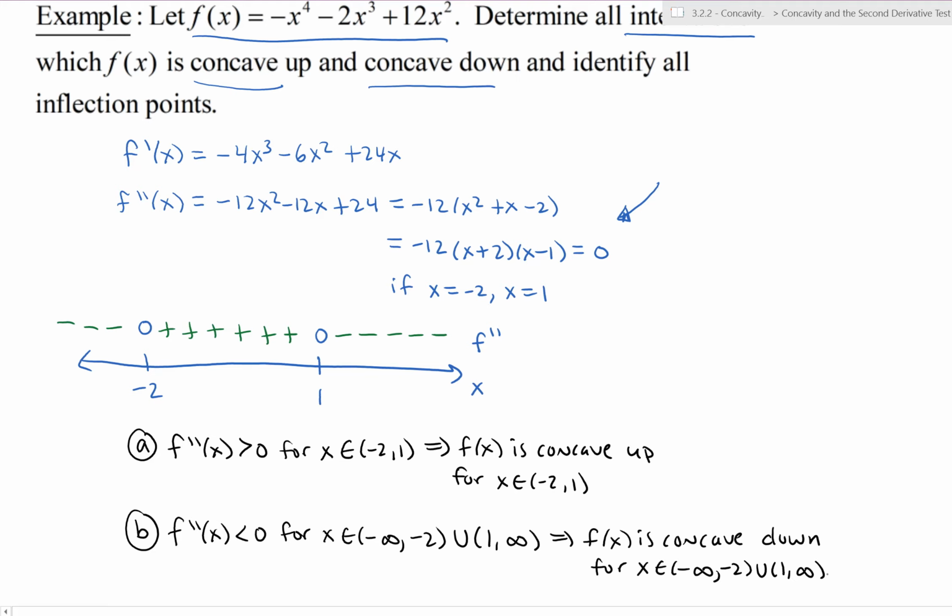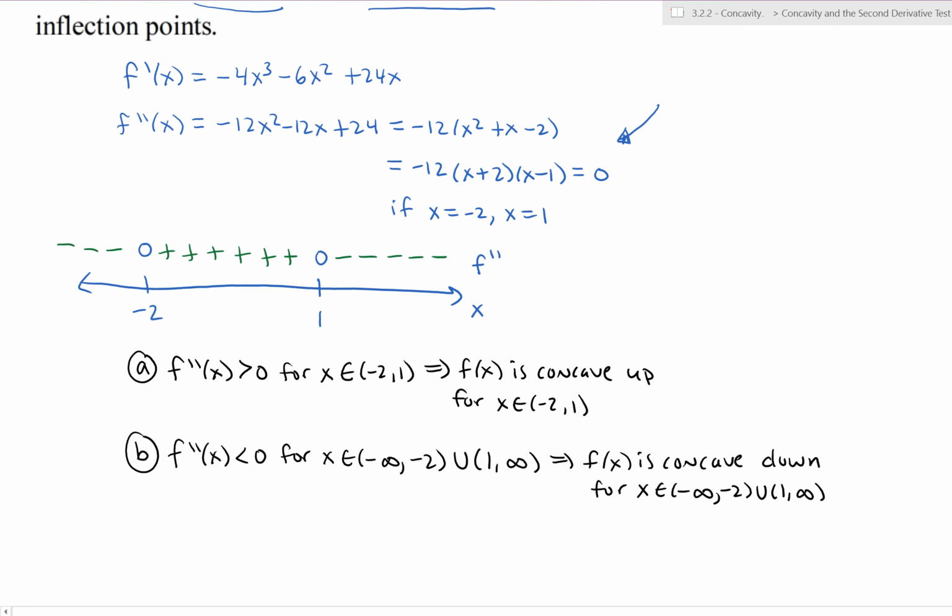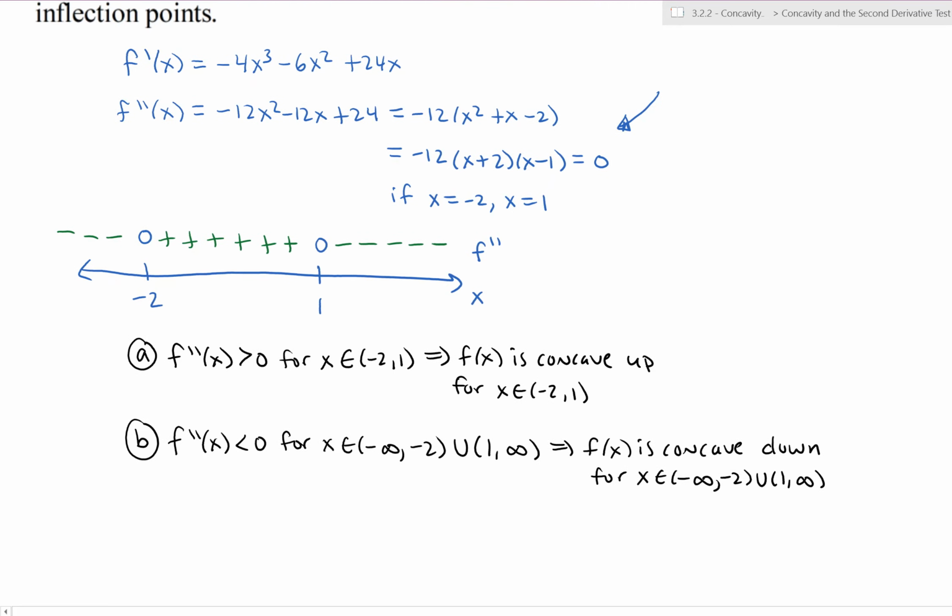So we accomplished part of it thus far, right? We found the intervals for which the function is concave up and concave down. However, we'd also like to identify any inflection points, and we can see, in fact, that at the locations of x is equal to negative 2 and x is equal to 1, this function's second derivative changes signs from either negative to positive or positive to negative.